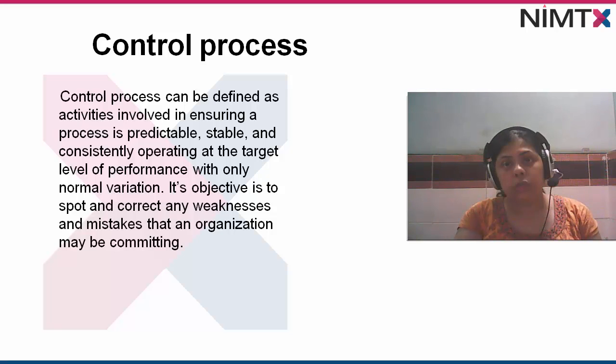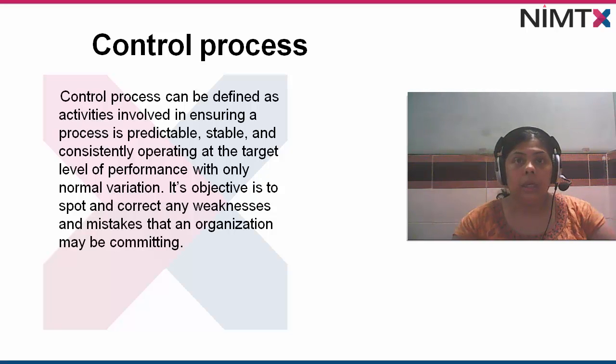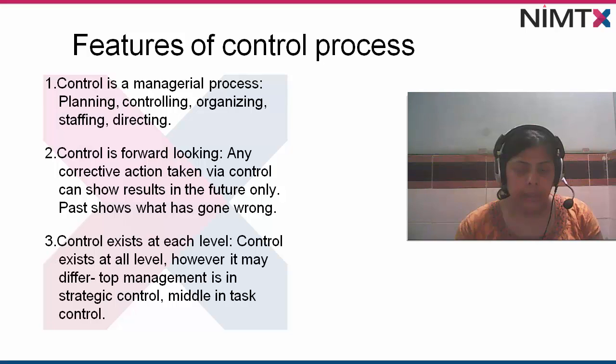There have to be normal variations because everything is dynamic today, so normal variations are acceptable. However, when it doesn't go well, then the control process is not effective. So let's move ahead. What are the features of control process?